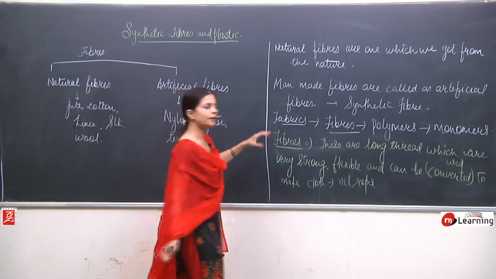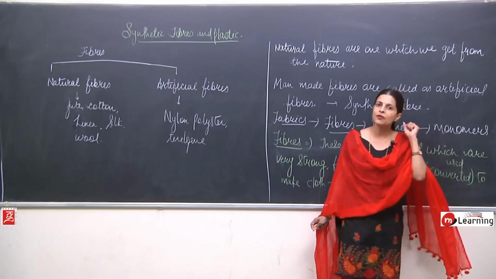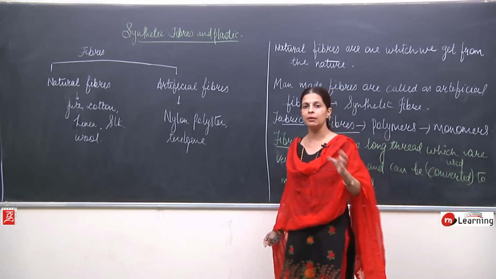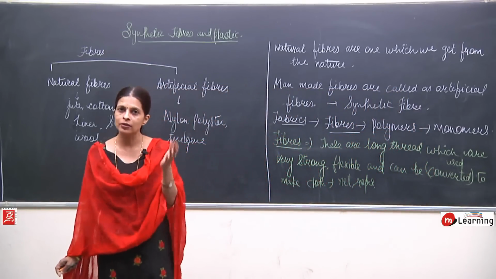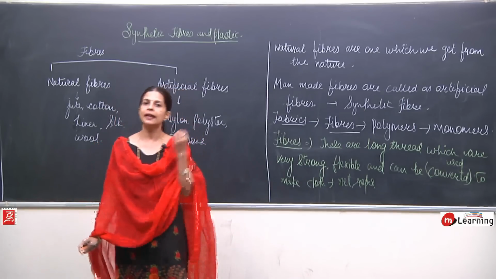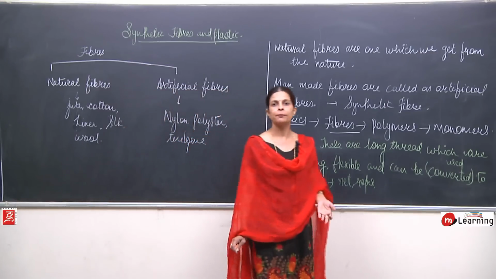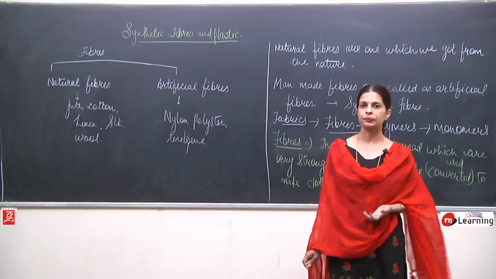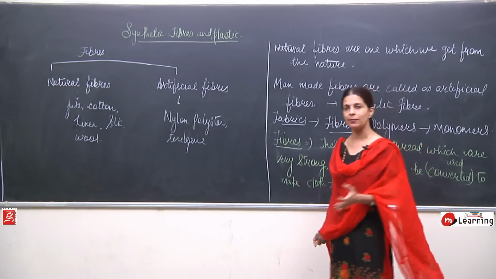So what are fibers actually? These are thread-like structures which are very strong, very durable, but they have to be flexible also. That is the reason they are used to make different kinds of things and basically cloth. So now we understood the meaning of fabric.